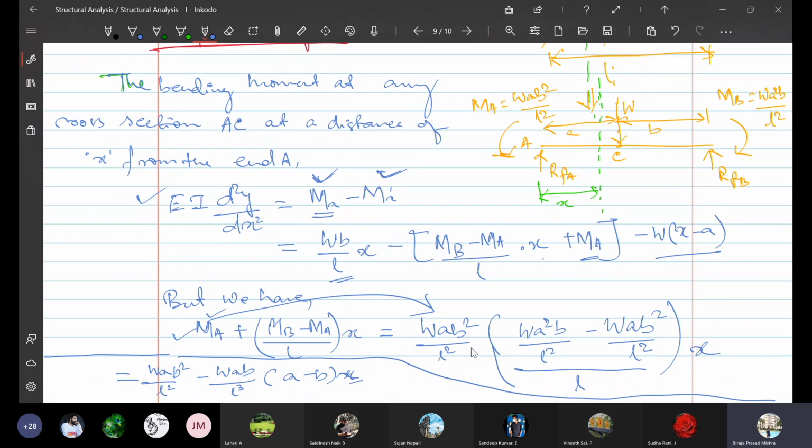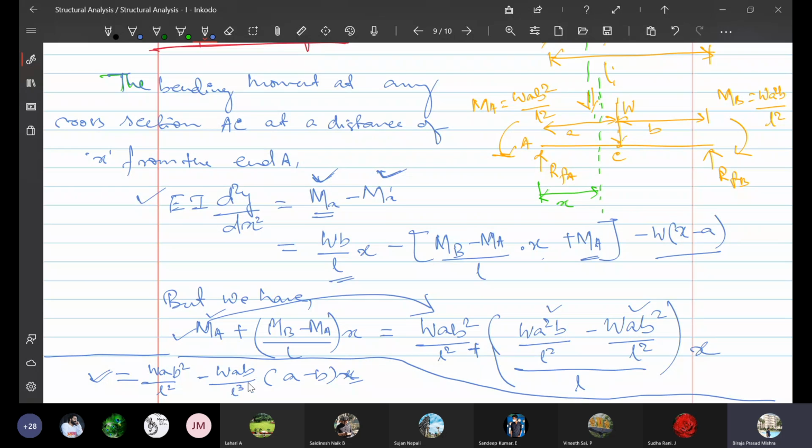Sorry, here I missed a plus sign. And MB is WA square B by L square. If I solve this one, it comes as WAB square by L square minus WAB by L cube into (A minus B) into X. So if you solve this part, then this is that value.